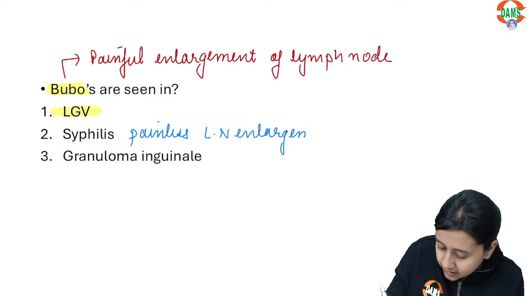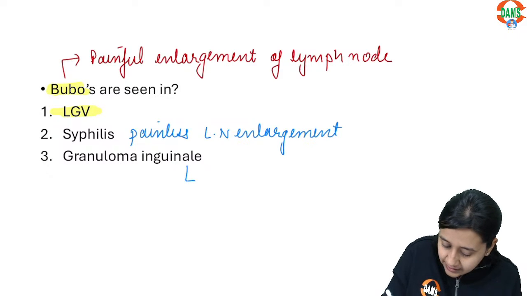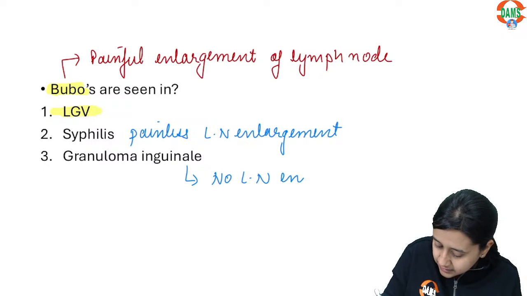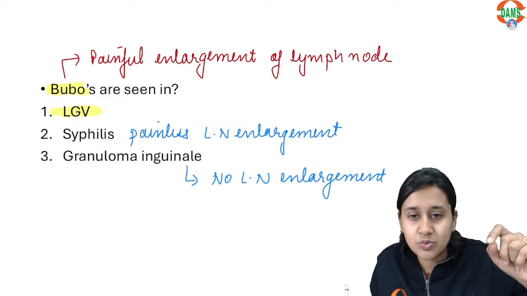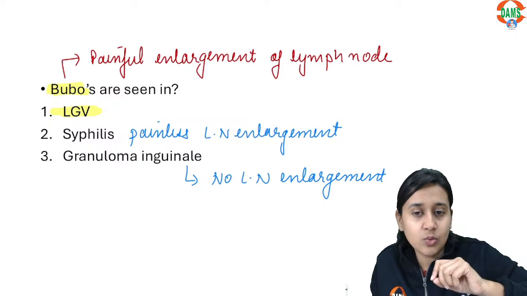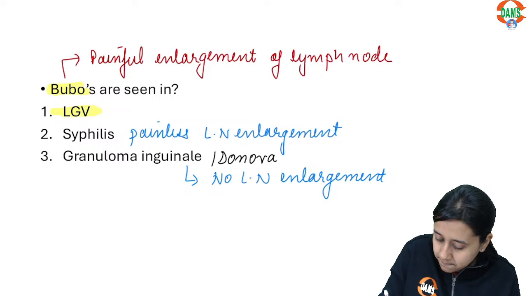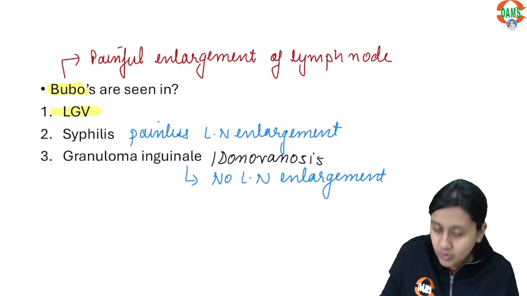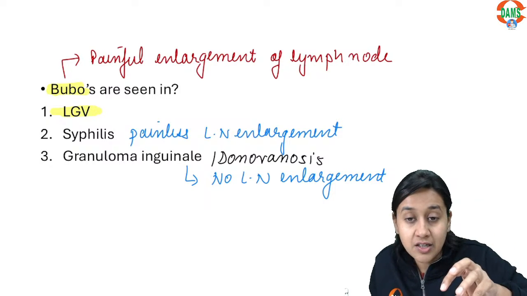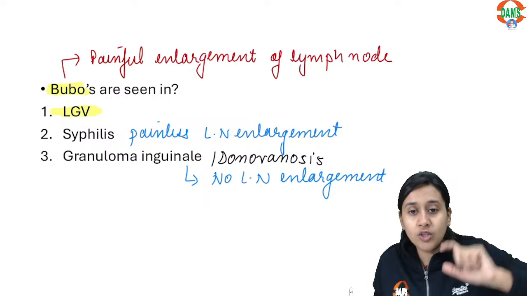While in granuloma inguinale, you get no lymph node enlargement. Now, can you tell me, students, in granuloma inguinale patients or in donovanosis patients, sometimes you get painful enlargement of the soft tissue in the groin.